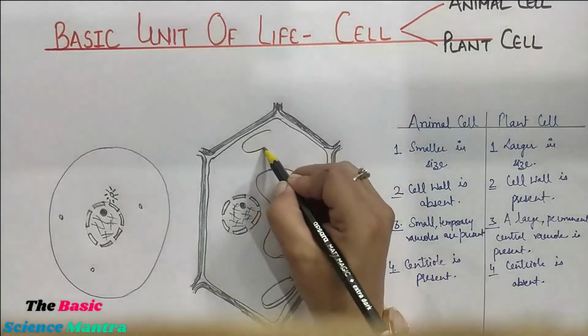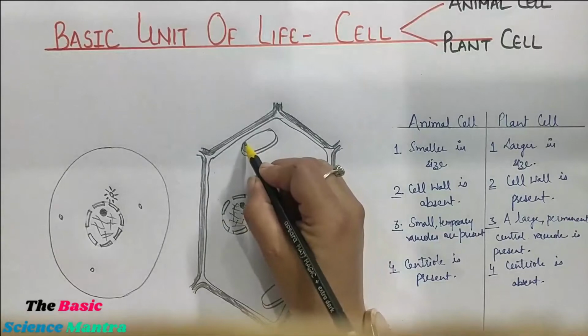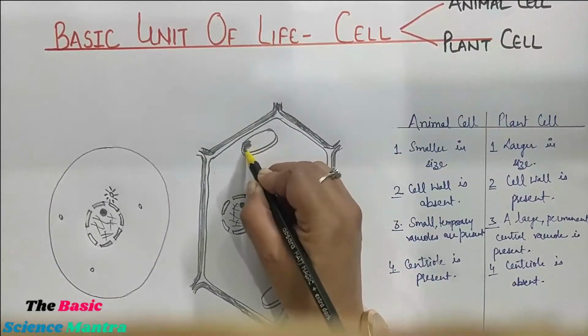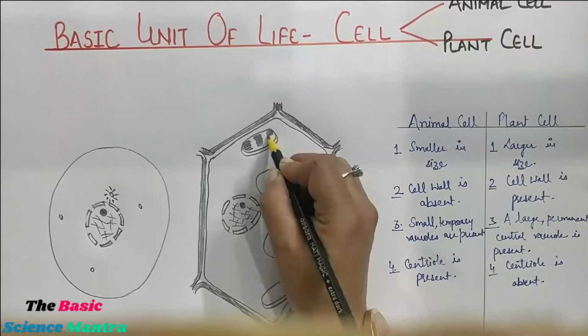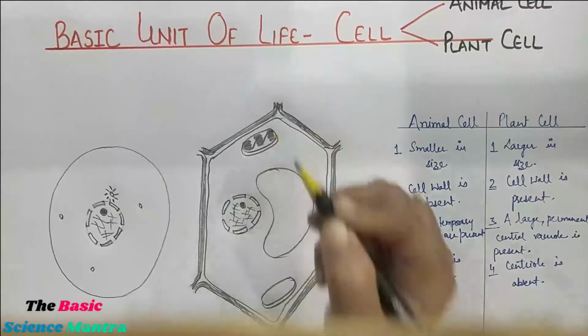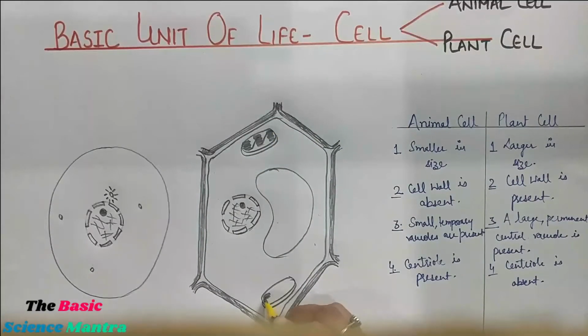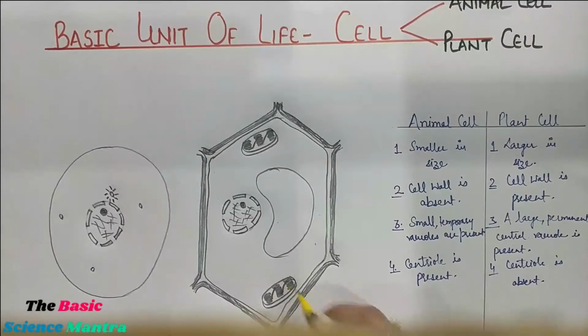I'll draw two chloroplasts here, double walled. See, this is called stroma. We'll study more about this in higher classes. You have to connect these stroma. This is chloroplast. This is the structure of chloroplast.